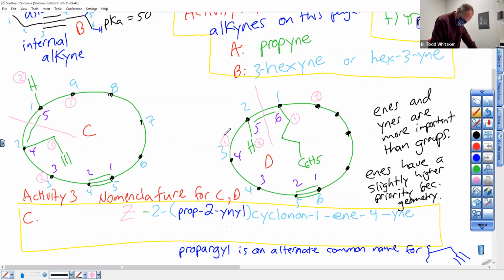Yeah, that's E. And why is the circle 2 and the alkyne 1? Well, apparently Dr. Whitaker was going a little too fast for his own little brain. And he didn't realize that this triple bond was the same distance away as this triple bond, and this one doesn't have an H. I'm glad it came up now and not after I posted the video.